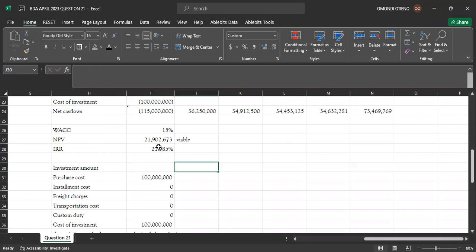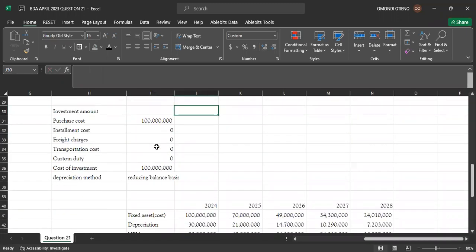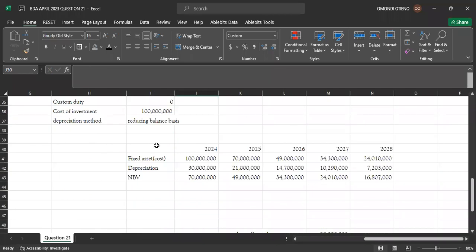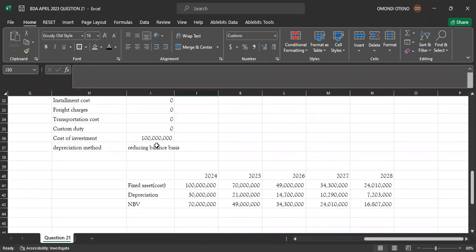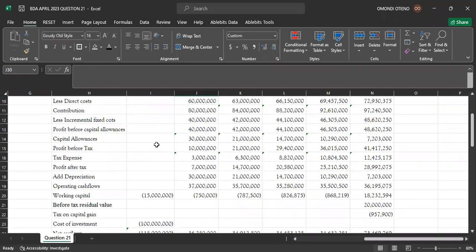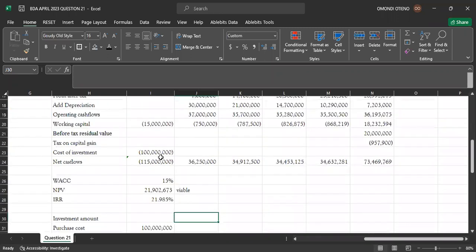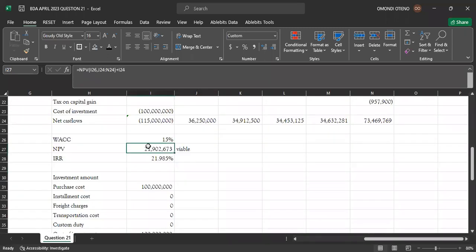So that is the internal rate of return. So I just want you to confirm to me that your net present value amount is 21,902,673.